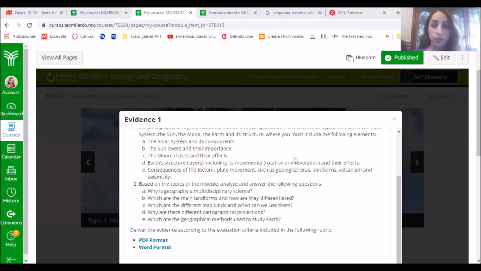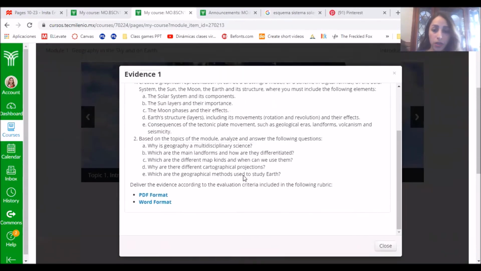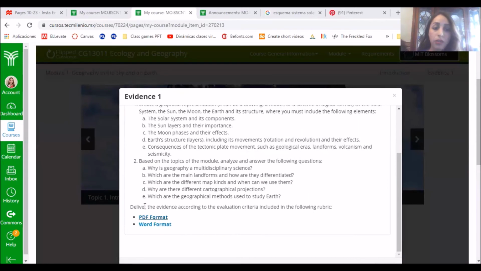The rubric that we're going to be taking into account to grade this evidence is the following. So here you have delivered the evidence according to the evaluation criteria included in the following rubric, okay?